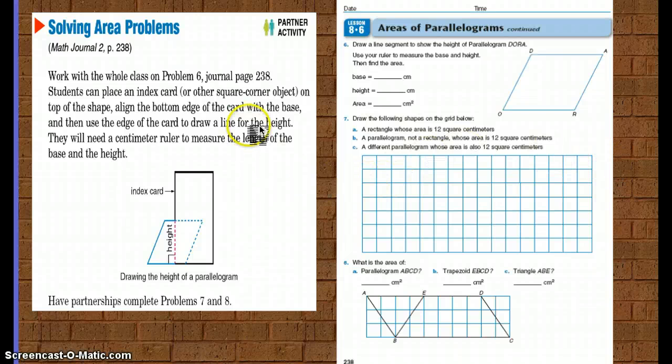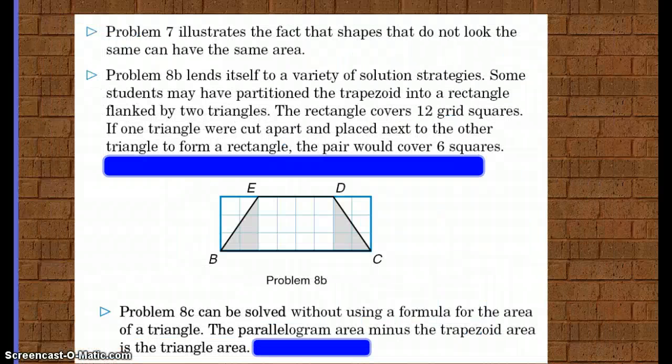Solving area problems. You need to go to Math Journal page 238 and complete that page, and then go up to the Student Journal answer key and correct your answers. Again, remember that problem 7 illustrates the fact that shapes that do not look the same can have the same area.